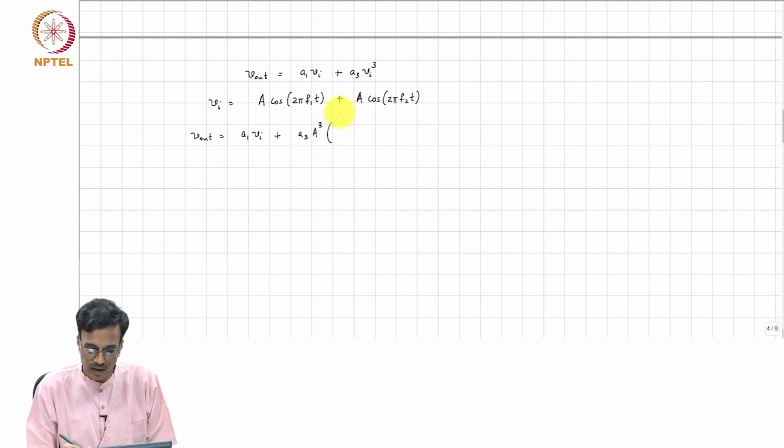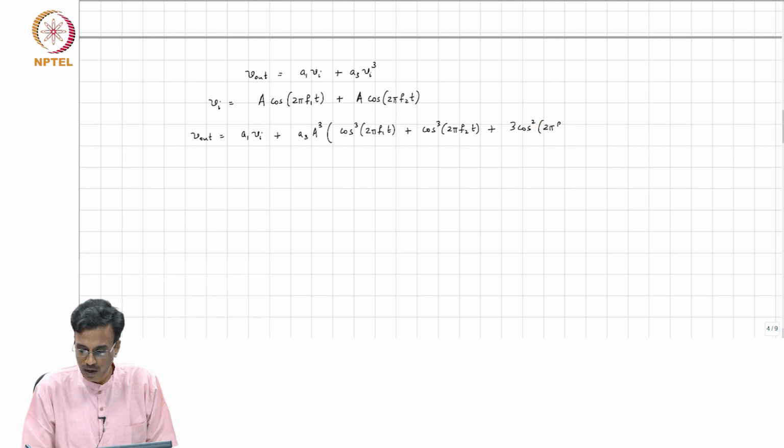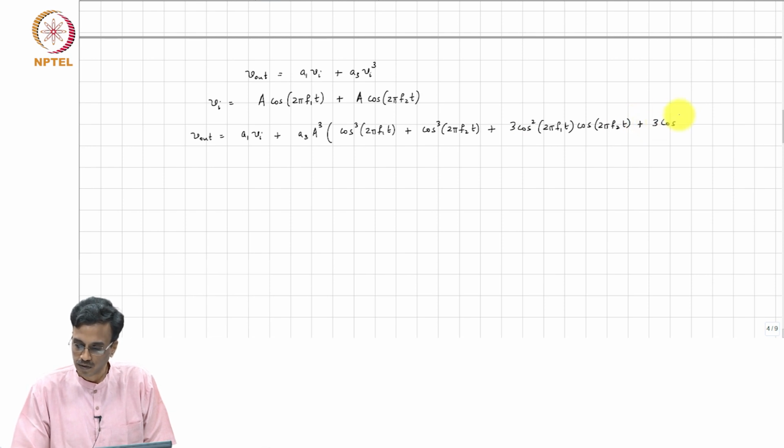And what does the cube look like? So, it is basically cos cube 2 pi f1 t plus cos cube 2 pi f2 t plus 3 cos square 2 pi f1 t cos 2 pi f2 t plus 3 cos 2 pi f1 t cos square 2 pi f2 t.